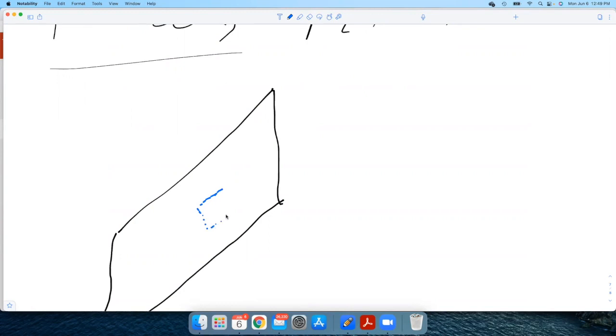Here's where I'm intersecting. I am not a good artist. And then it comes back here.